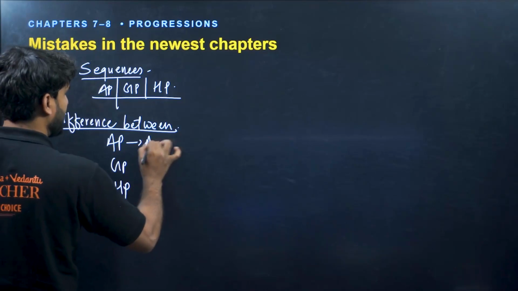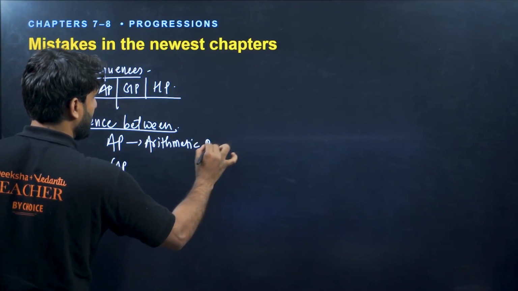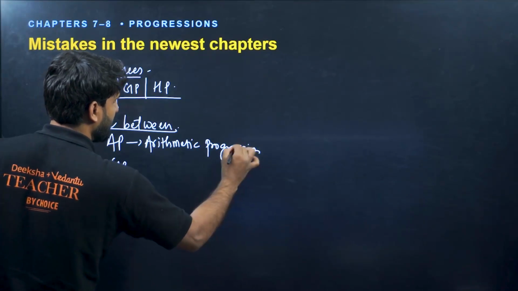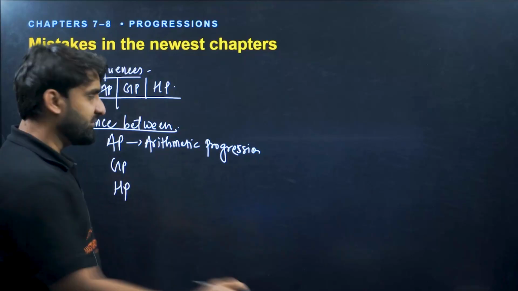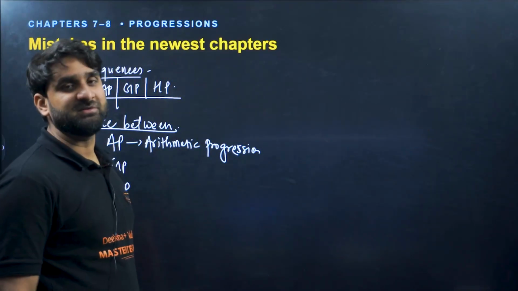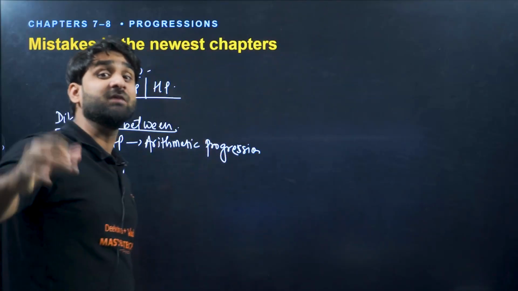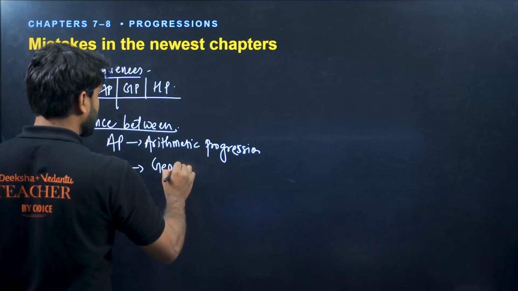AP is called arithmetic progression. This is when the numbers are increasing with an equal constant difference, in additive form, basically 2, 4, 6, 8, or 3, 6, 9, 12. But GP is called geometric progression.